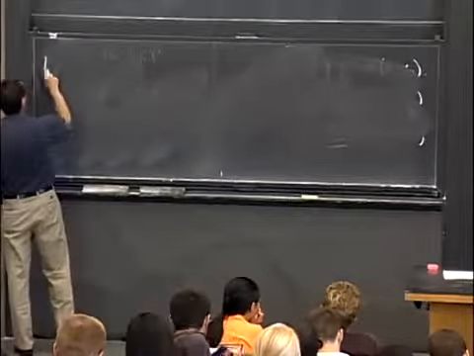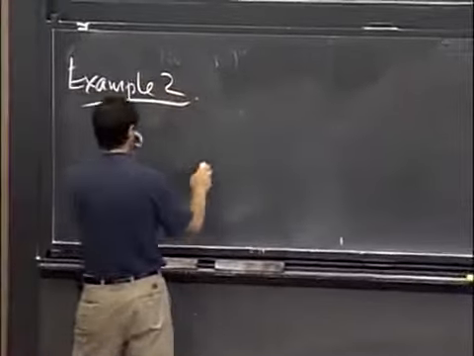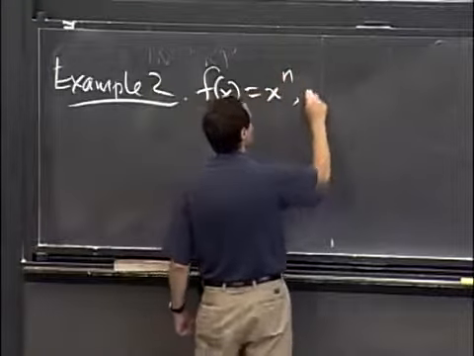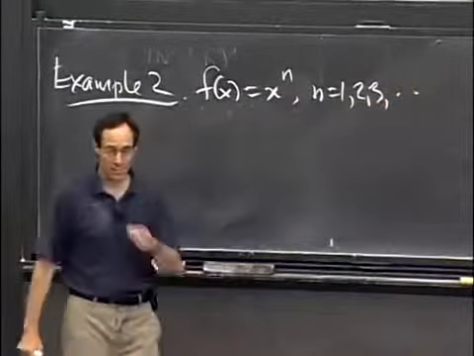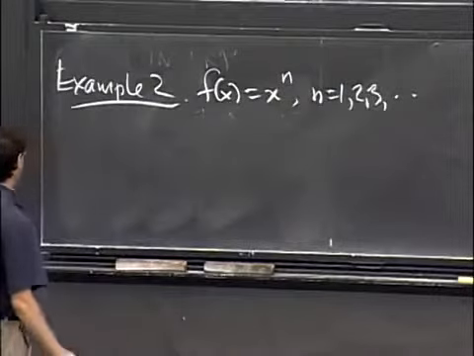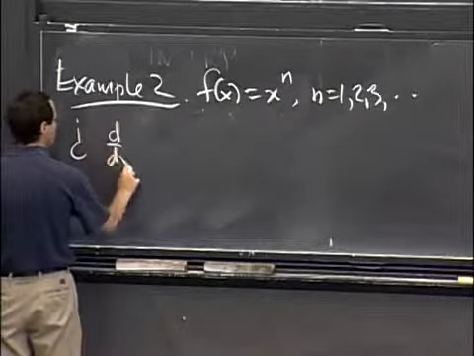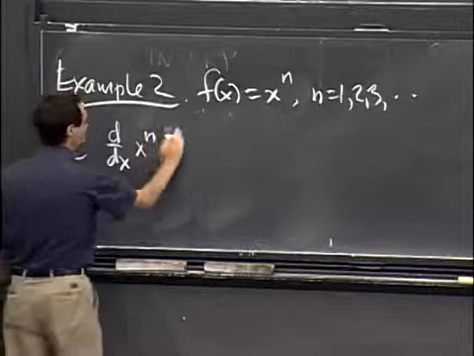So example 2 is going to be the function f of x is x to the n, n equals 1, 2, 3, one of these guys. And now what we're trying to figure out is the derivative with respect to x of x to the n in our new notation, what this is equal to.